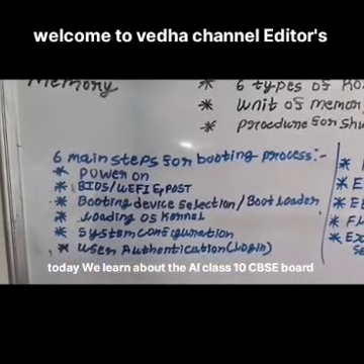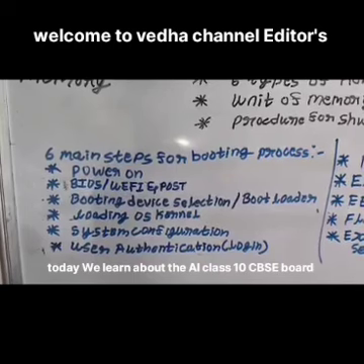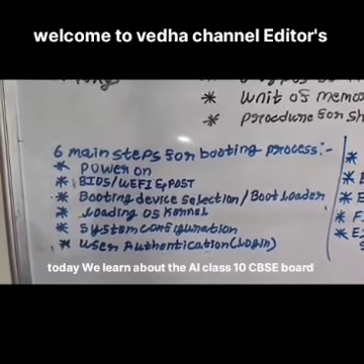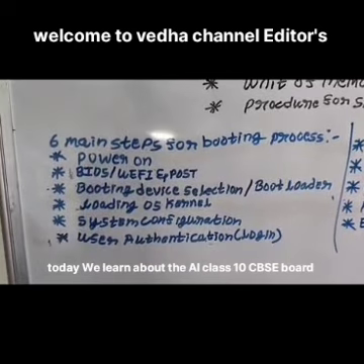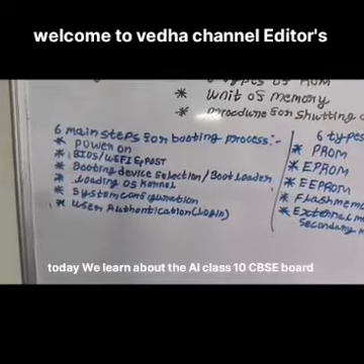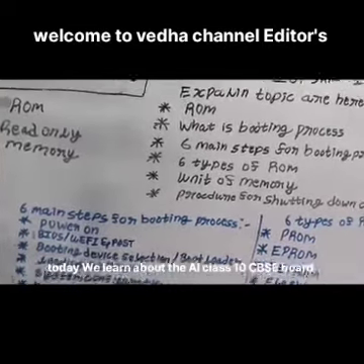User authentication means the login screen appears, allowing the user to enter their username and password to access the system. Now the 6 main steps of the booting process have been completed.